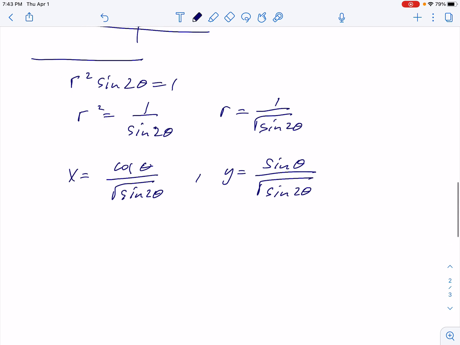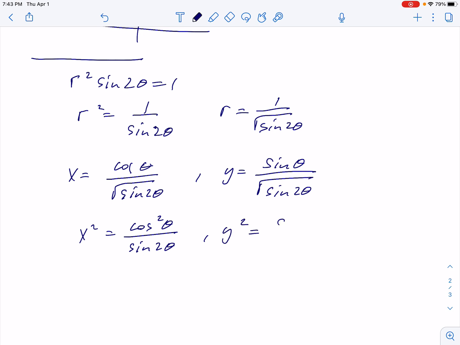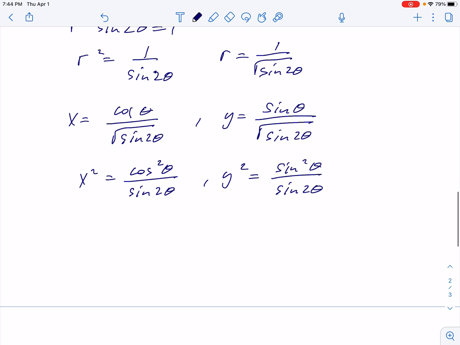So what next? Take x squared and y squared. x squared will be cosine squared theta over sine 2 theta. y squared will be sine squared theta over sine 2 theta. And here we can use the formula that sine 2 theta is 2 times sine theta cosine theta.